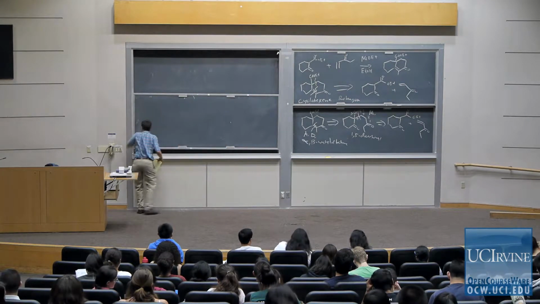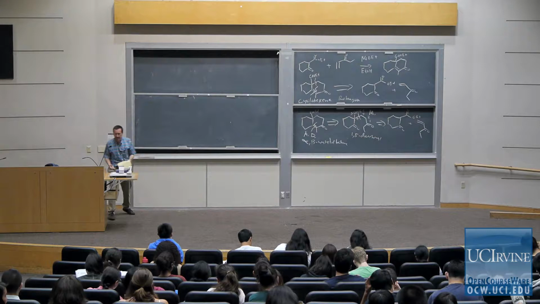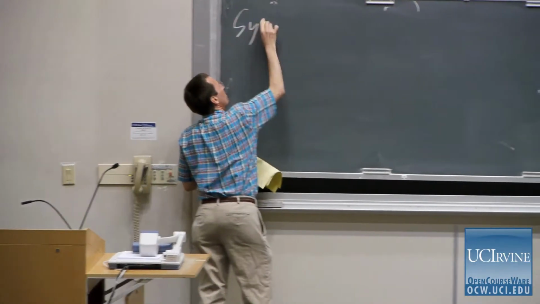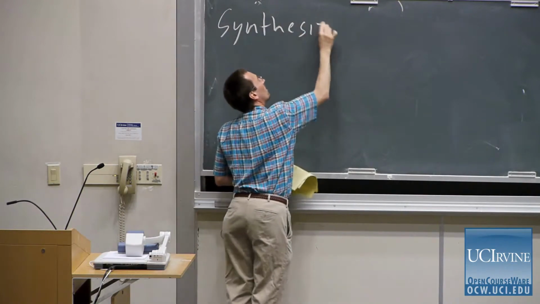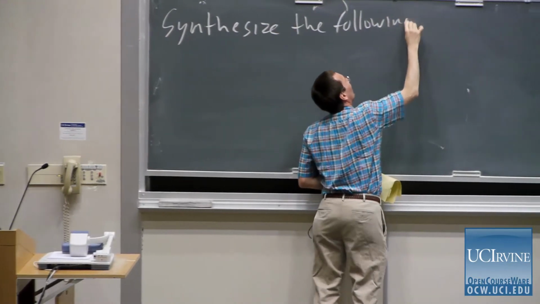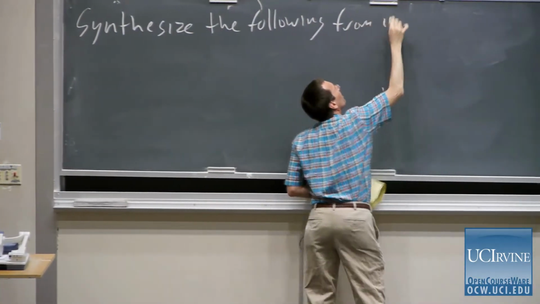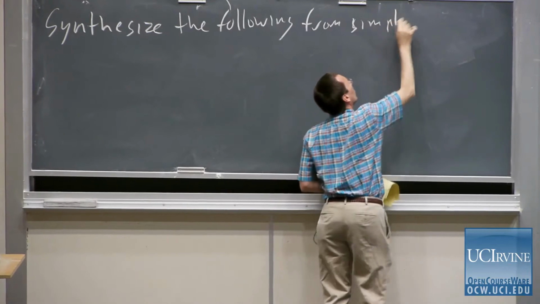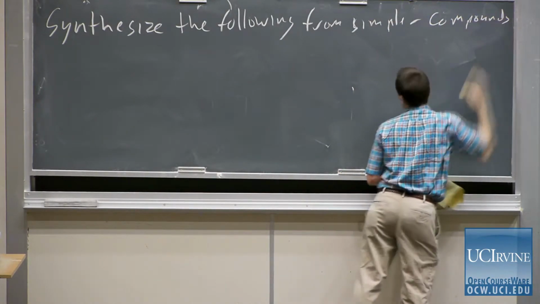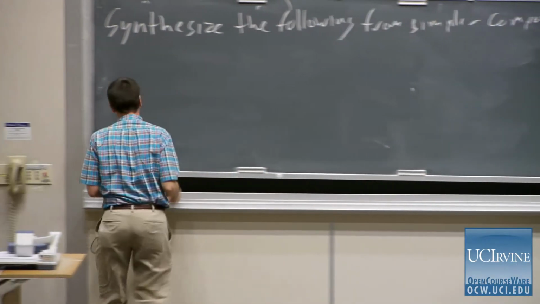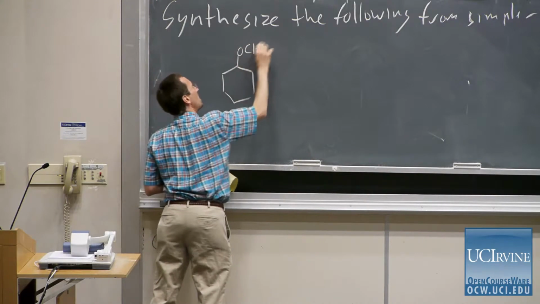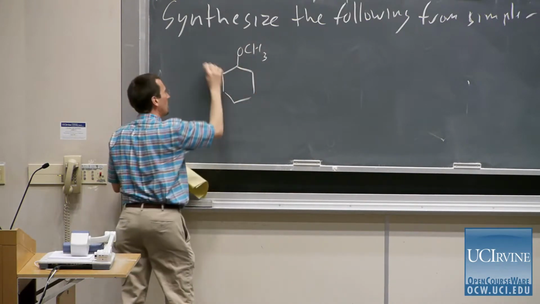All right, now I'm going to give you one of the questions that I like to ask. Synthesize the following from simpler compounds. And again, I'm taking real examples that have been done in the laboratory.